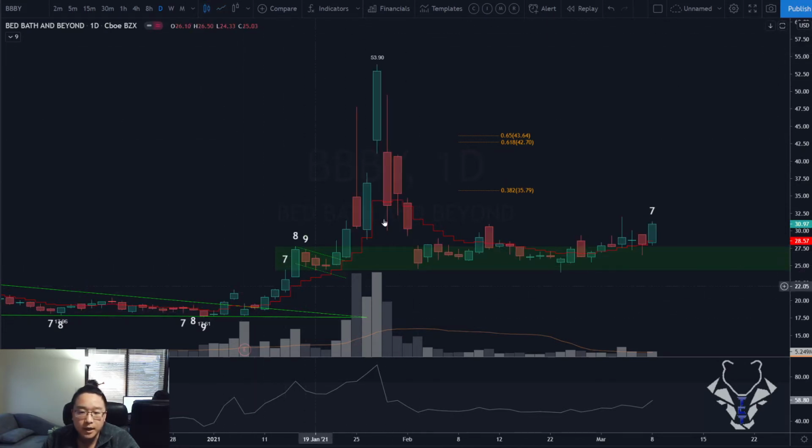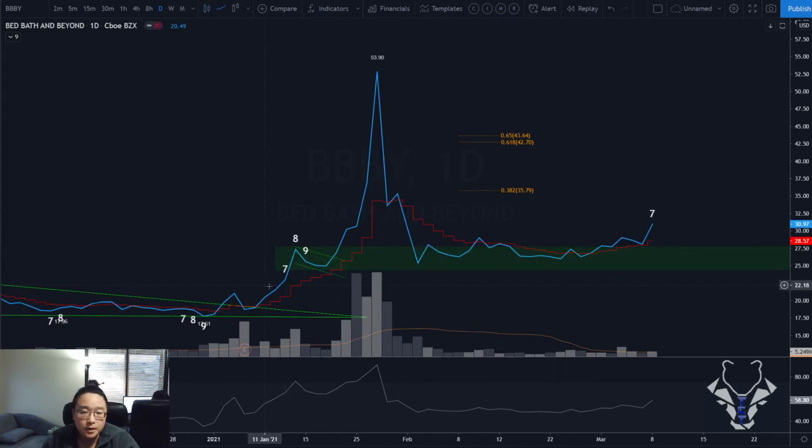On the candlestick, it doesn't work as well because we did wick under the B. So the way ABCD works, this would be A, then the pullback, and then a slight bounce, making a higher low, that's a C, and now we're seeing the D follow through. Now, if this were to play out correctly, this D follow through should make a new high.